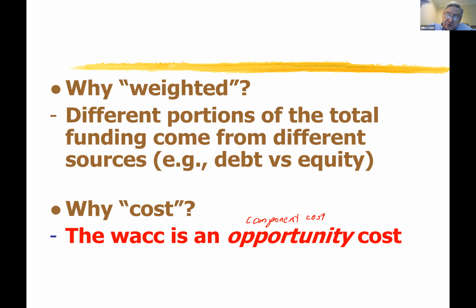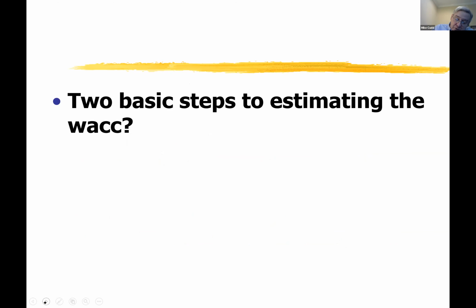On the money you raise from debt, you need to earn enough to cover the interest expense on debt. On the money you get from retained earnings, you need to earn a return high enough to keep the shareholders happy, because technically retained earnings belongs to the shareholders. Two basic steps, like a Texas two-step.